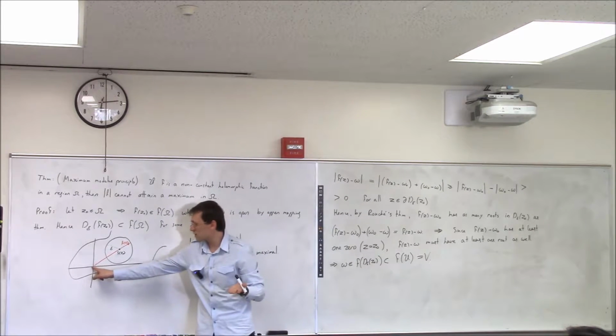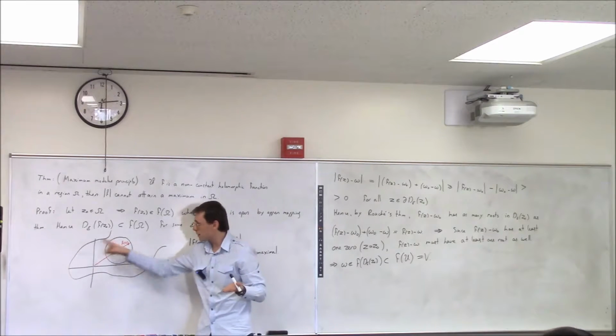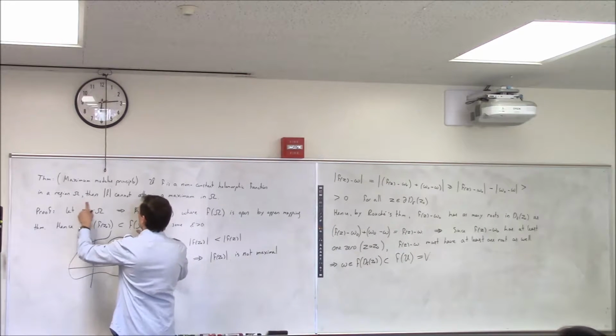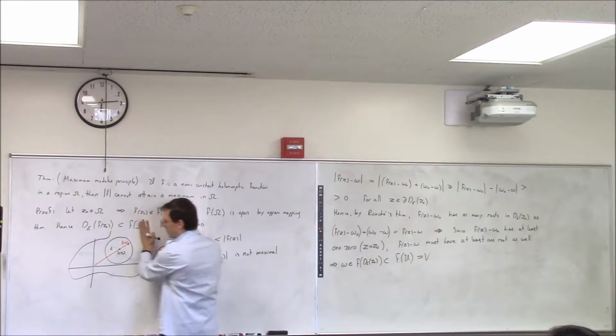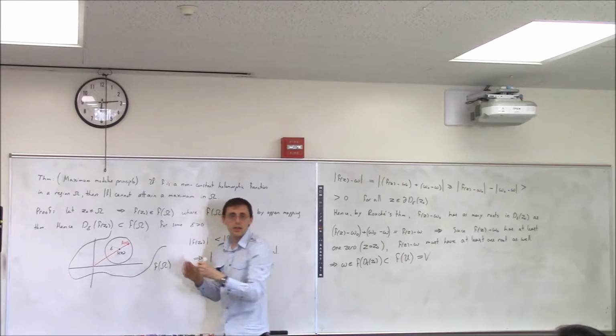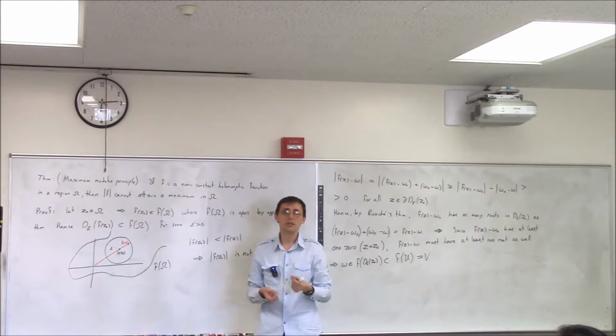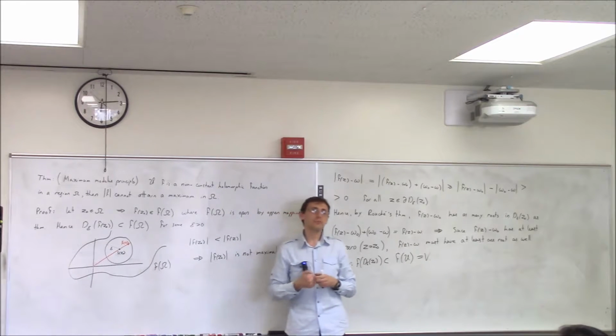Why? Because it contains 0, so there would be a point here, right? So the minimum can be attained on the inside. But if I notice that the image of omega under f avoids the origin altogether, then there is also the minimum modulus theorem. But minimum modulus, do we have to have f equal to 0?